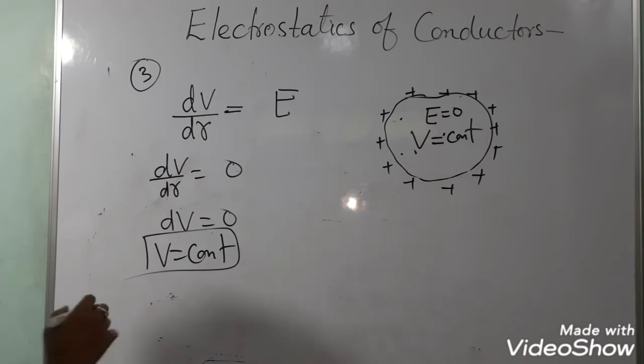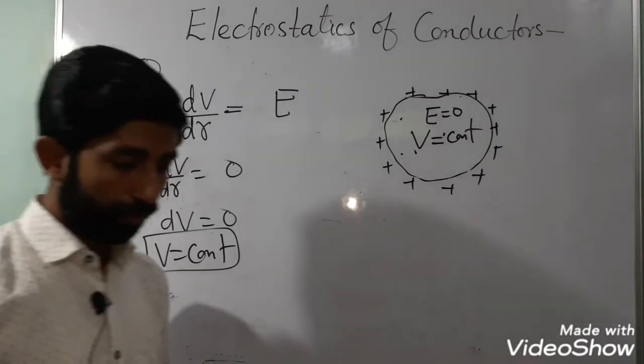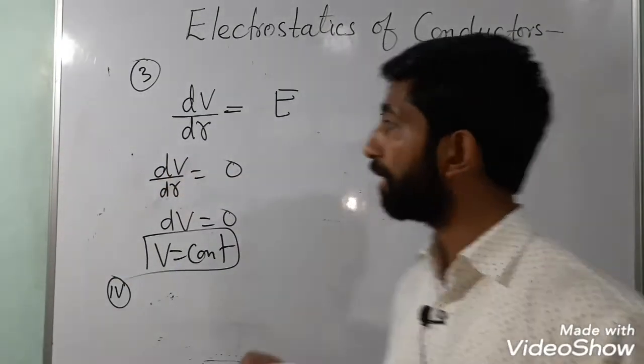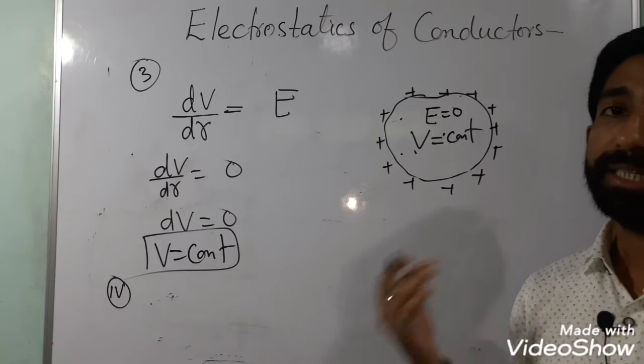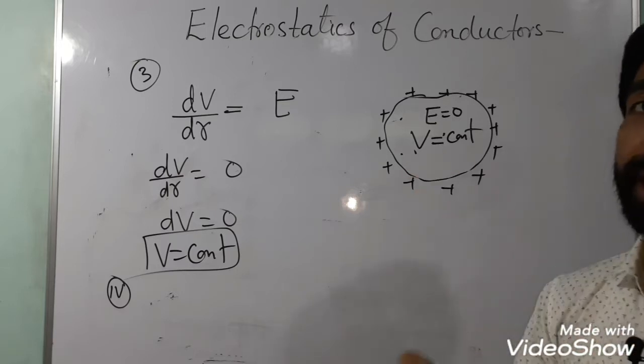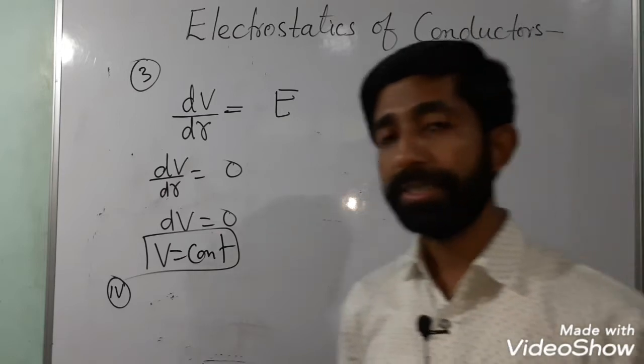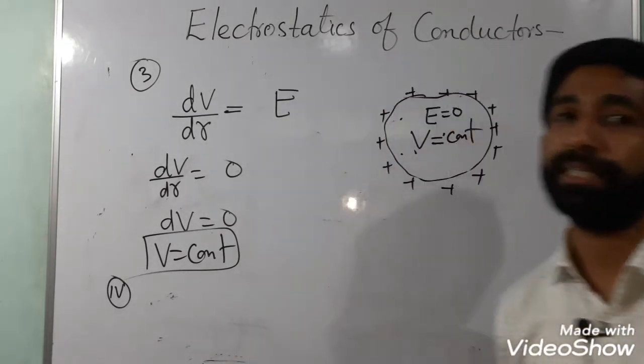Okay. Property number 4. It says that when a conductor is placed in an external electric field, it cannot contain any excess amount of charge inside it.